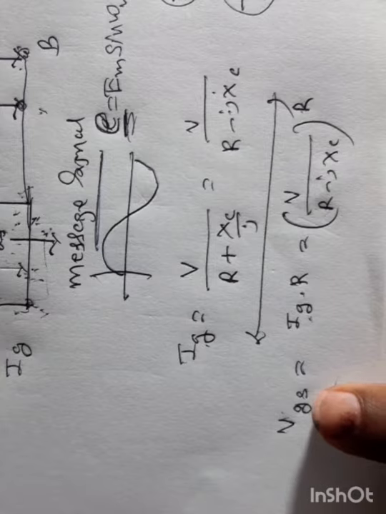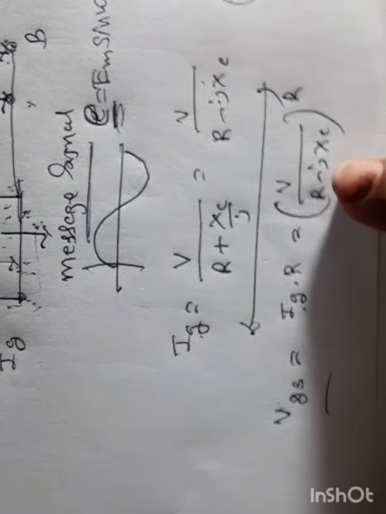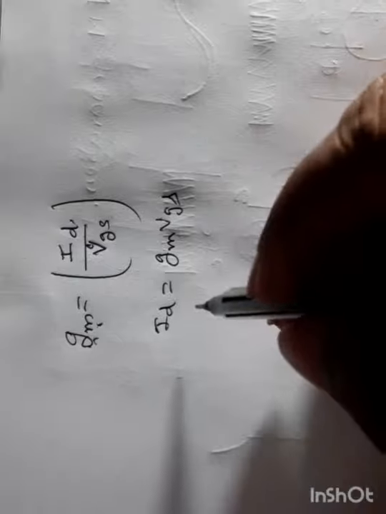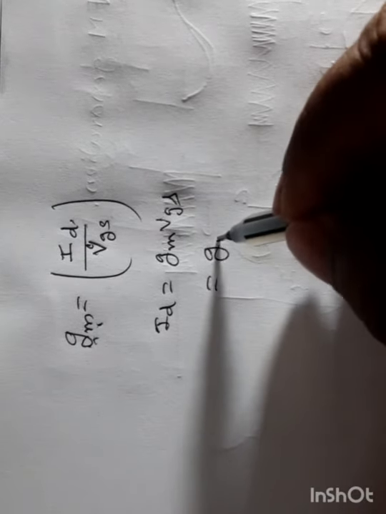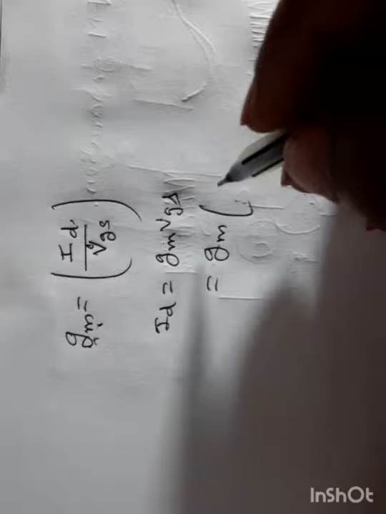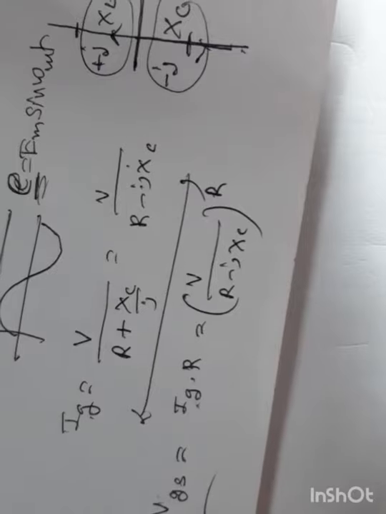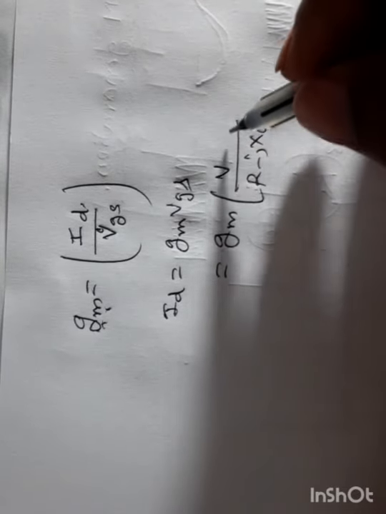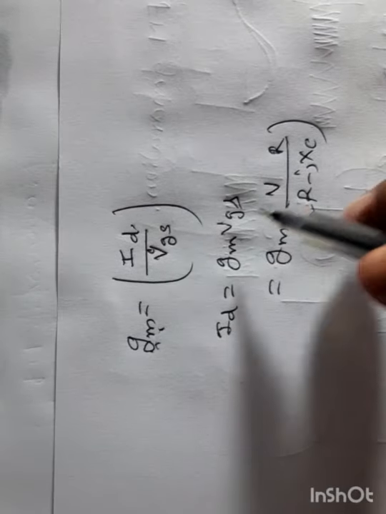But what is Vgs? Vgs is equal to V divided by R minus jXc, into R. I will substitute here. Id is equal to Gm into Vgs, and Vgs is V divided by R minus jXc, into R. That is Vgs.